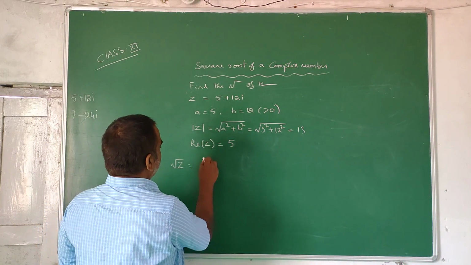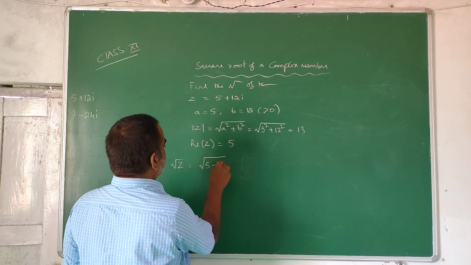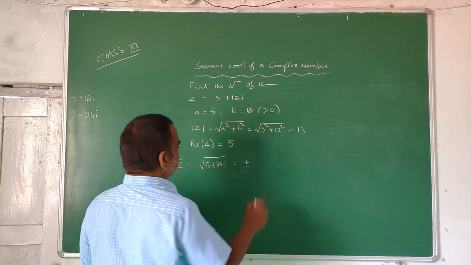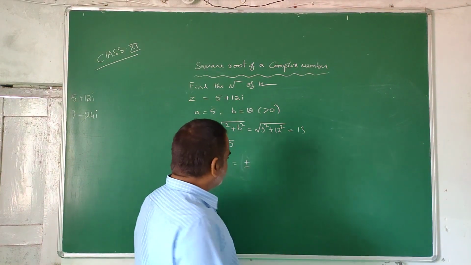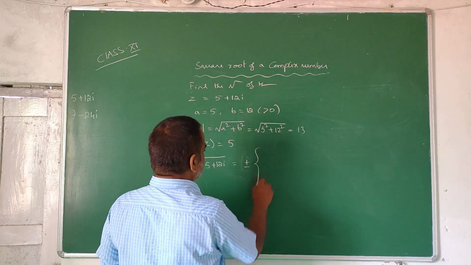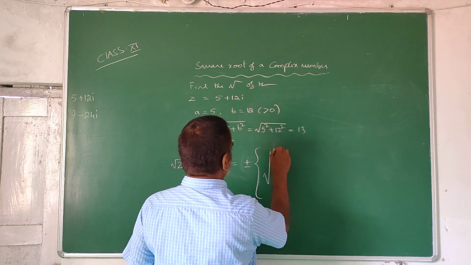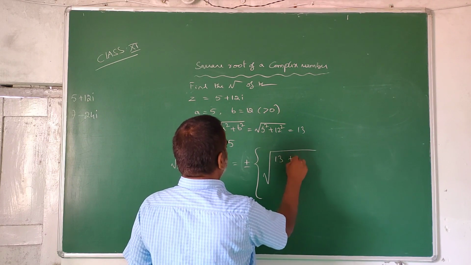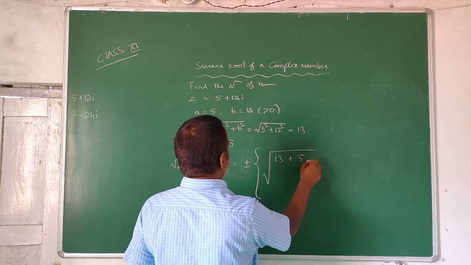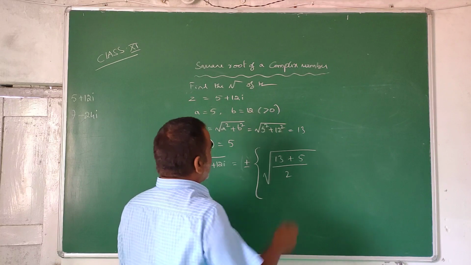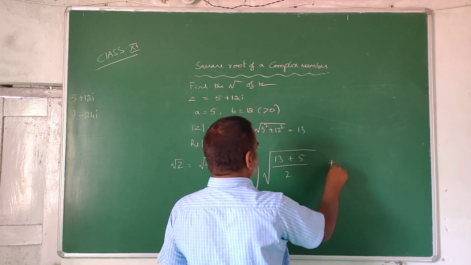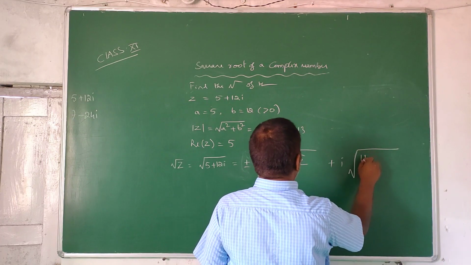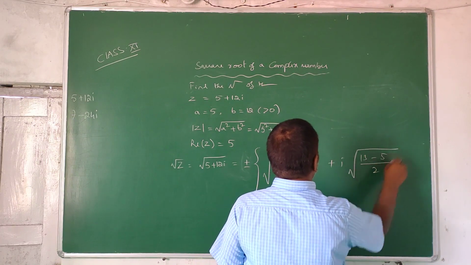Now root z is equal to root over 5 + 12i, as I have given, plus or minus. Do you understand what formula I have given? Plus or minus root over (mod z, which is 13, plus real part of z, which is 5) by 2. As b is greater than 0, here you get plus i into root over (mod z minus real part of z) by 2.